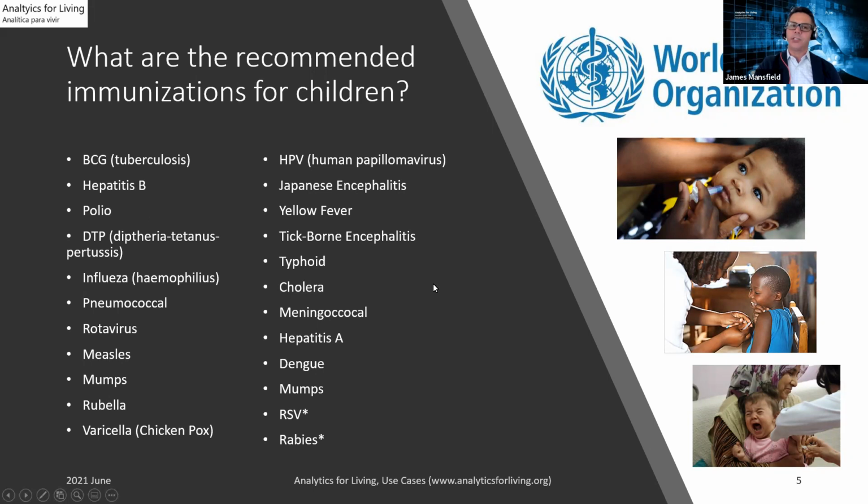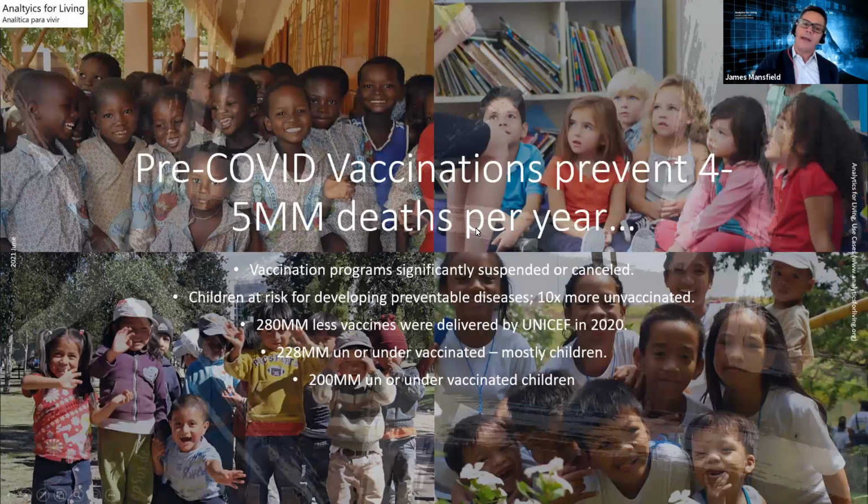So, certainly challenged due to COVID. I know we're very focused and it's exciting we have a vaccine for COVID, yet there are a lot of other children who are certainly a challenge here. So what does it prevent, right? What's the benefit of pre-COVID vaccinations? This isn't COVID vaccination, it's vaccinations in general, and it prevents 4 to 5 million deaths per year, which is great.